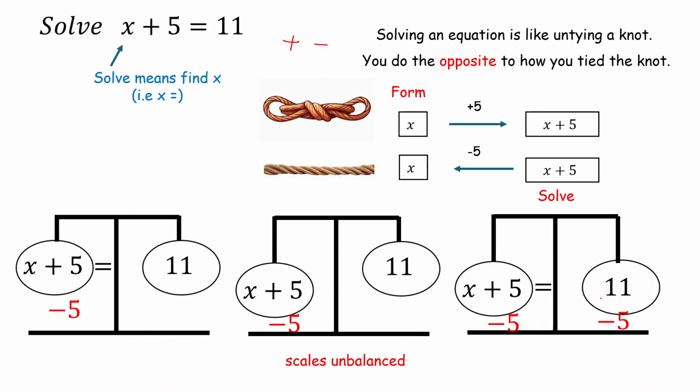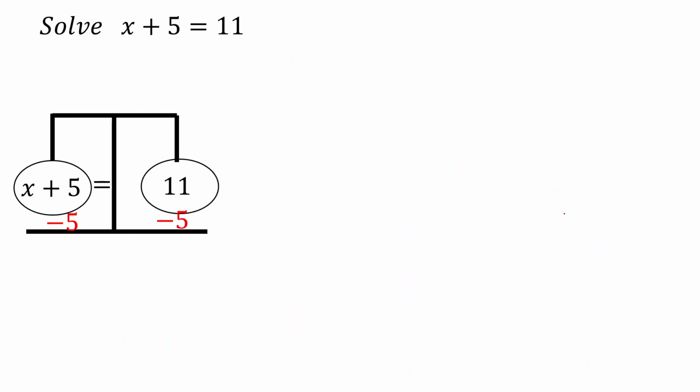Now if I continue on, I've got a plus 5 and a take away 5. The whole point of taking away that 5 is to cancel out these two, because plus 5 take away 5 is 0. They cancel, they disappear.